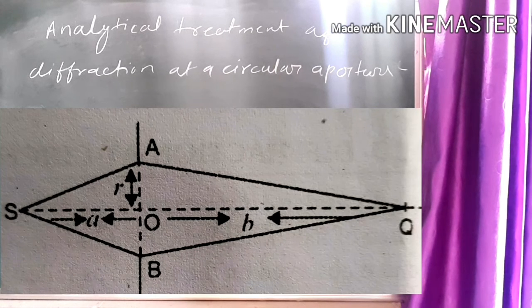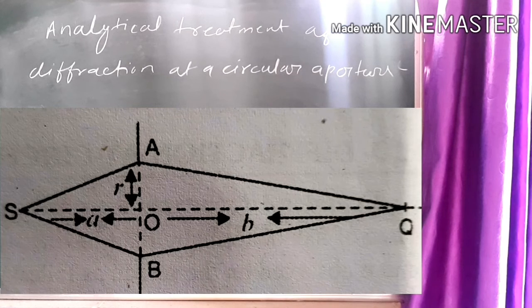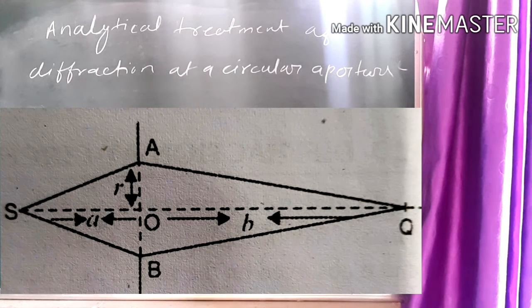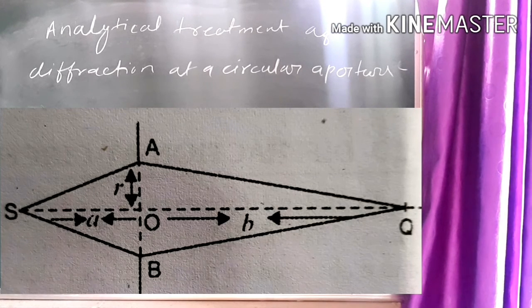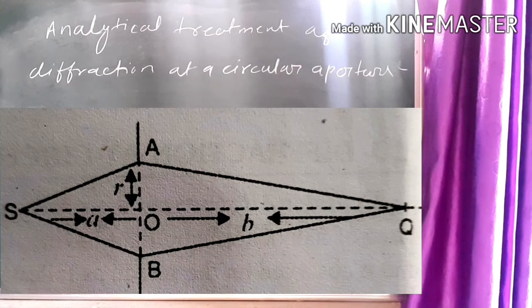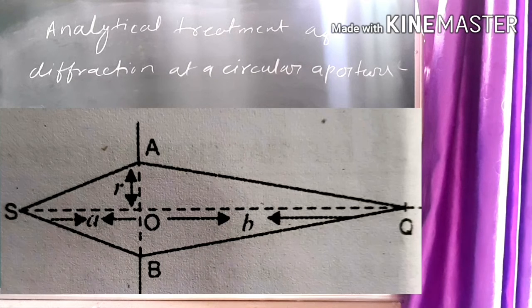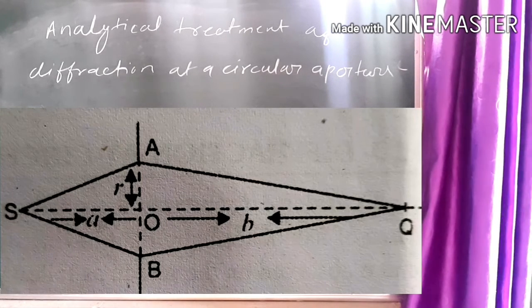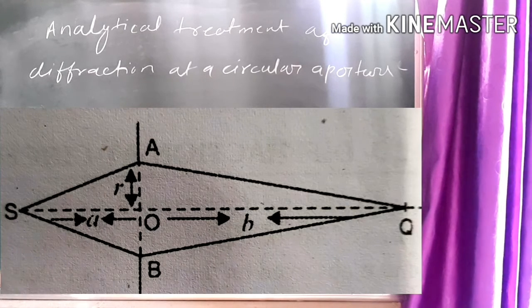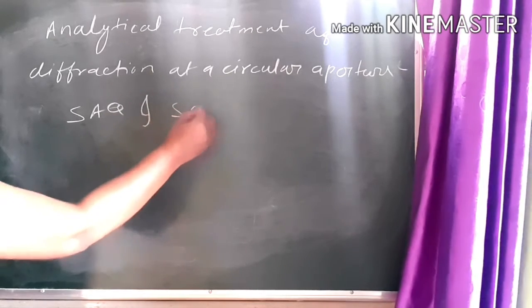To find the position of maxima or minima, at any point, whether it is a maximum or a minimum, we have to find the path difference between the rays reaching that point. In this case, we have to find the path difference between SAQ and SOQ.